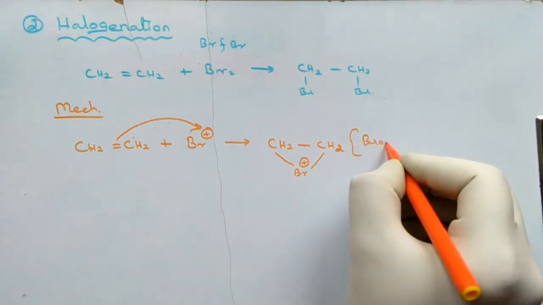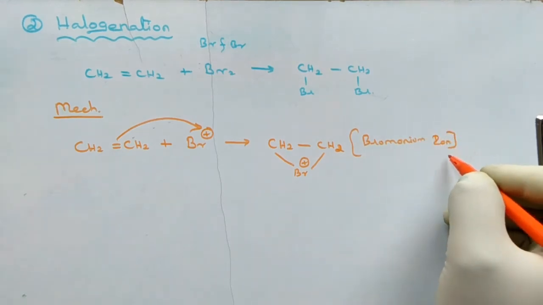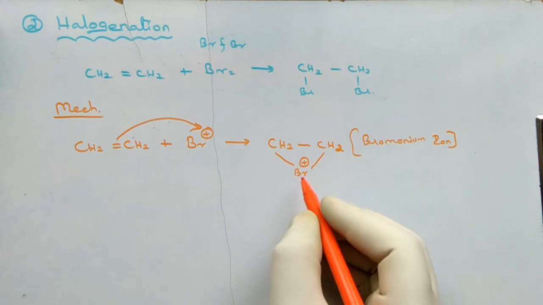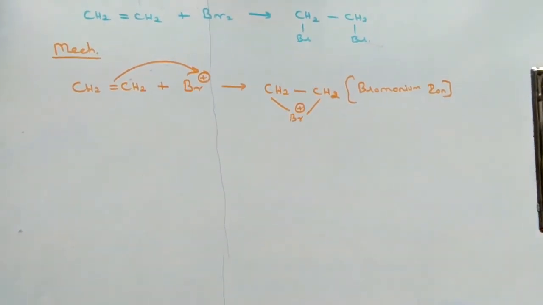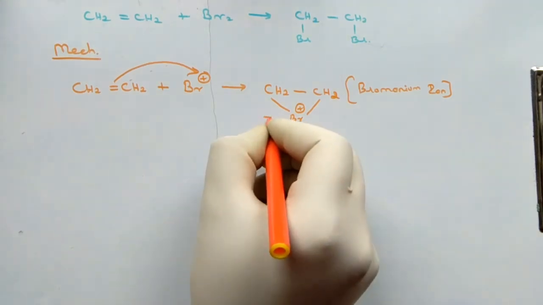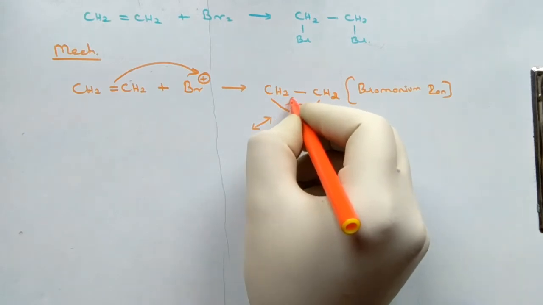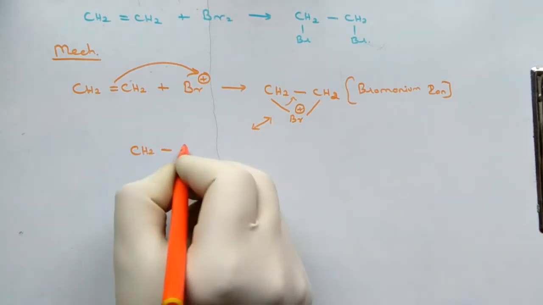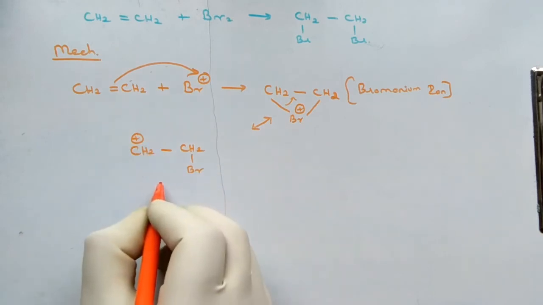The bromonium ion will stabilize itself by resonance. Initially, the bonding pair of electrons between CH2 and Br plus will be taken by Br plus. On account of that, a carbocation will be formed initially.